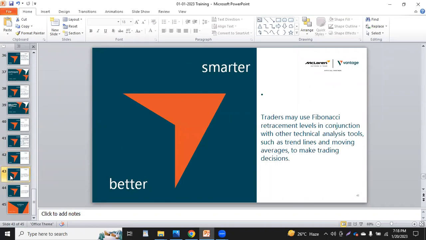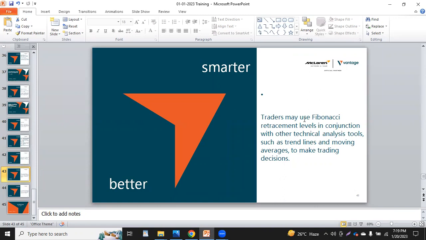Okay, so traders use Fibonacci retracement in conjunction with other technical analysis tools. What this means is that Fibonacci is very accurate, but you want to use it in conjunction with other tools.